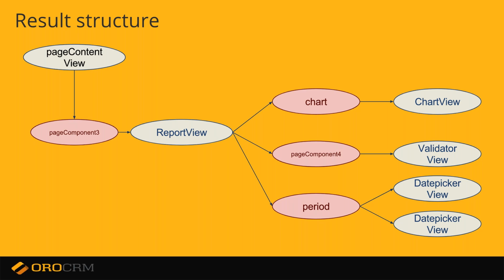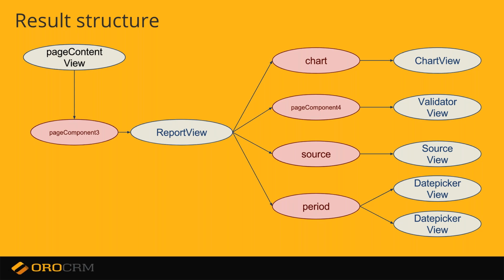It is highly coupled. What if a bundle adds one more control to the form, for example, filter by source of revenue? We will get the following structure. Now the report view has to know about the source selector as well and pass the changed value to the chart view.